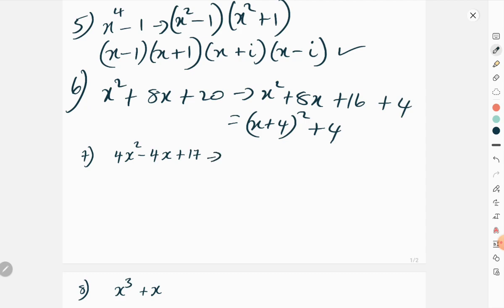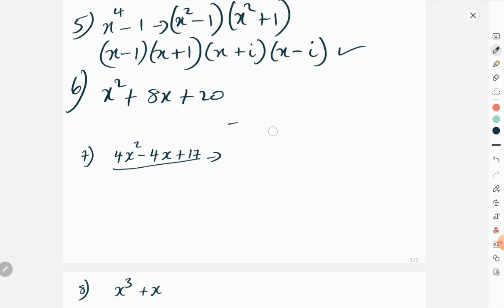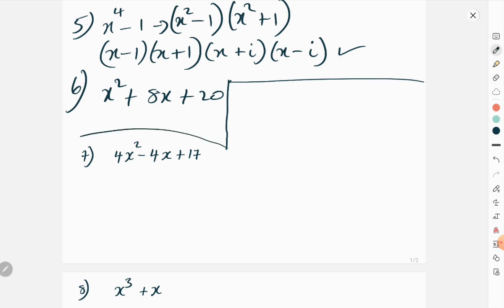Now we have this idea that we can change this into this form, so that we can deal with it. Now our number 7 will start from here. We have 4x squared minus 4x then plus 17. So we need to change this into the turning point form.